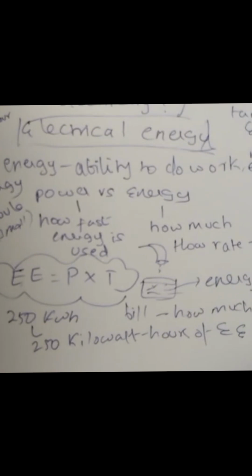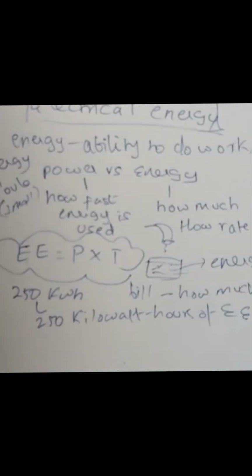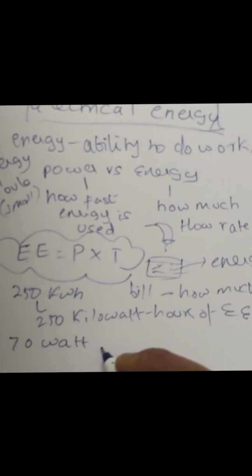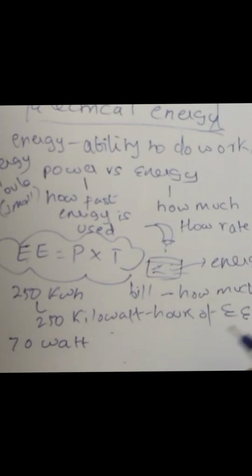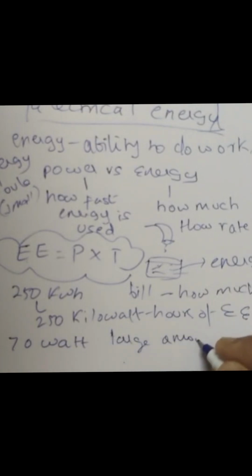And there's a misconception. Many people say my fan is only 70 watts, so it won't affect my electricity bill. But if that fan runs for many hours every day, it can use a large amount of energy.